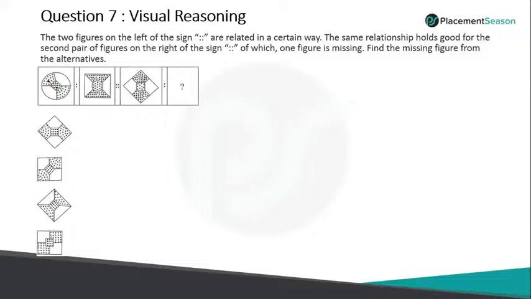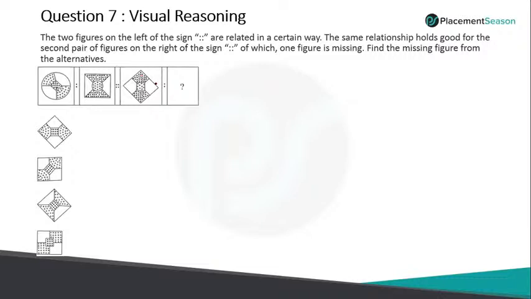So if you rotate 45 degrees in your clockwise direction, the same way if you do it here, you rotate this clockwise, this is a diamond shaped figure and this is a square shaped figure.